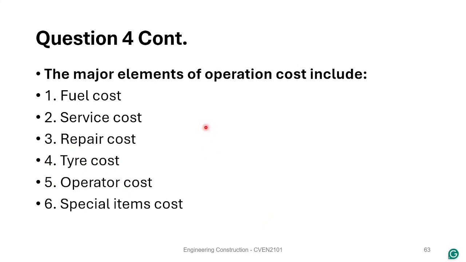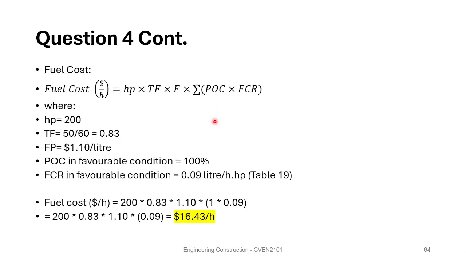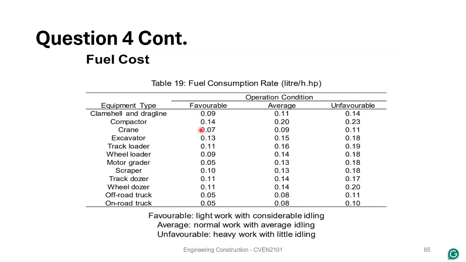Next, it's our operation costs. We have 6 things. Again, go through them like a checklist. Just go tick, tick, tick, tick, tick through them. So fuel costs, we need the horsepower, the time factor, the fuel price, and also this POC times FCR. This comes from a table. POC is the percentage of operating condition. So how many percent is in favorable condition, how many percent is average, how many percent is unfavorable, and we have all these equipment types.